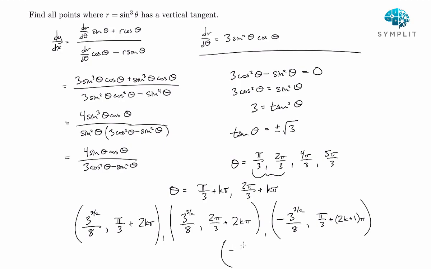Or the last one, negative 3 to the 3/2 over 8, 2π/3 plus (2k+1)π. Once again, if you were to just state this, of course that encompasses the information with the function r.